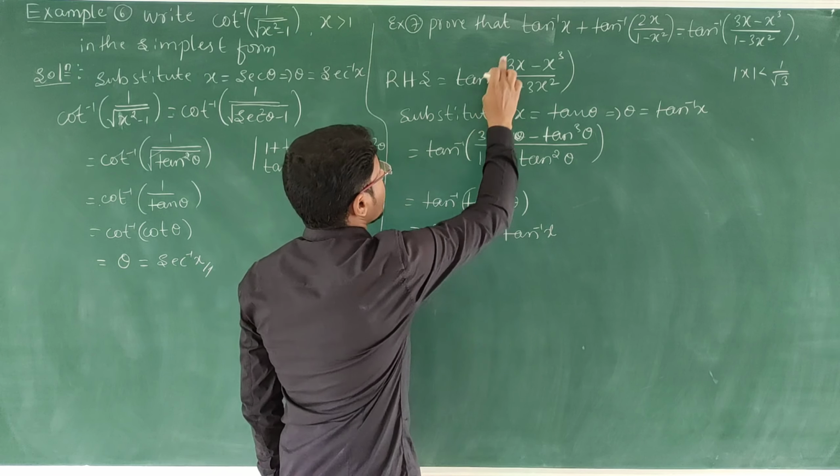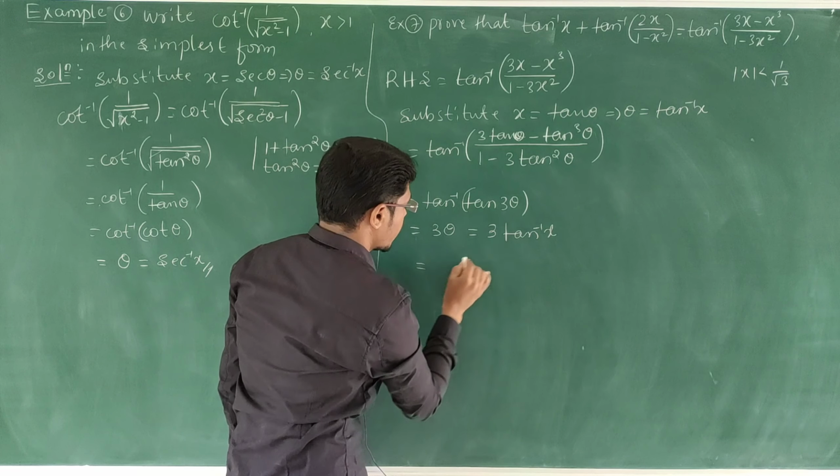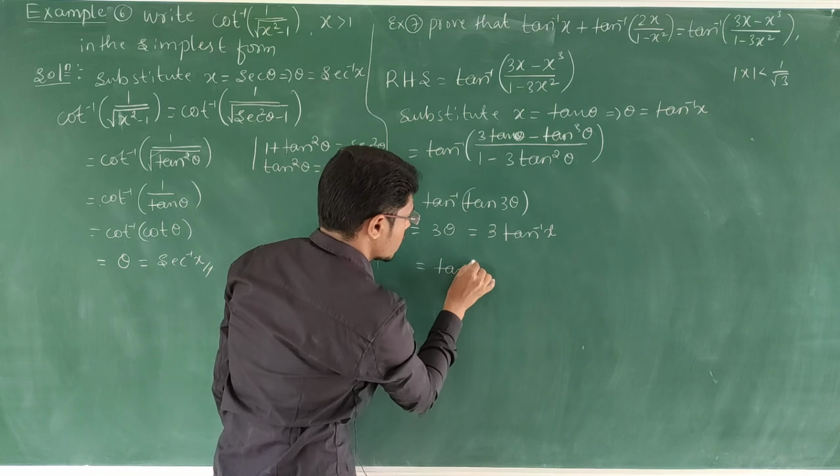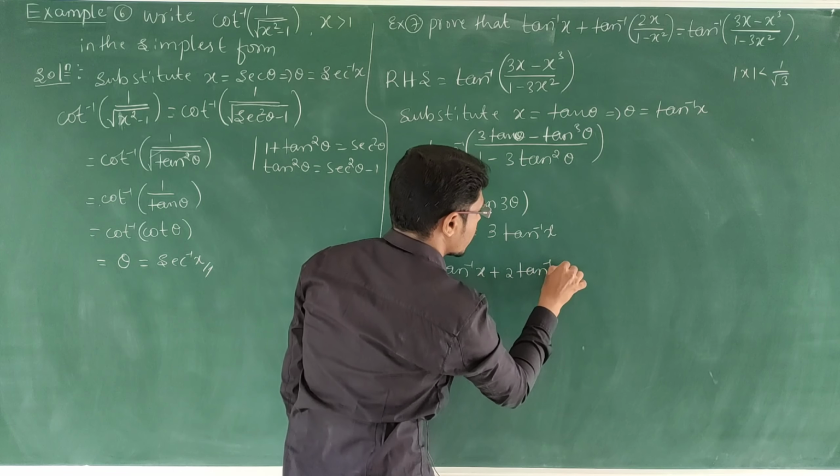Theta is tan inverse of x. We need tan inverse of x and tan inverse of this, so 3 tan inverse of x can be written as tan inverse of x plus 2 tan inverse of x.